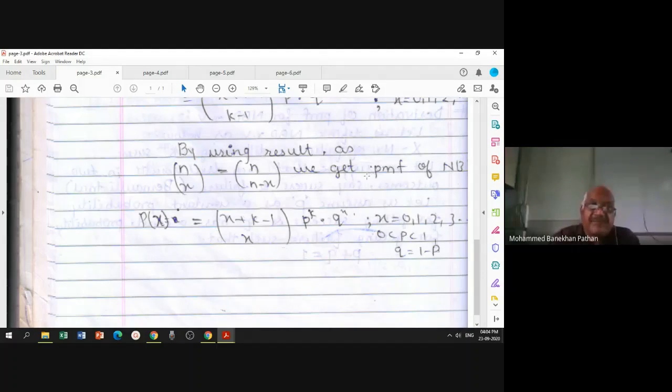What do you mean by PMF? It is a function which satisfies two conditions. Condition number 1, the value taken by the function should be greater than or equal to 0.